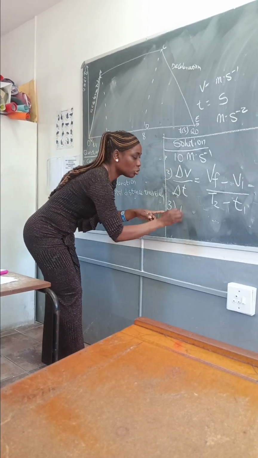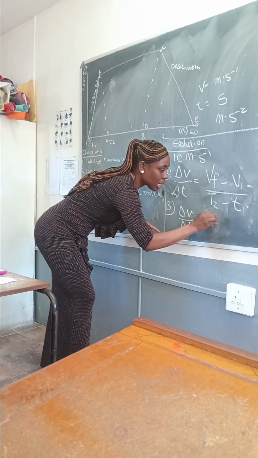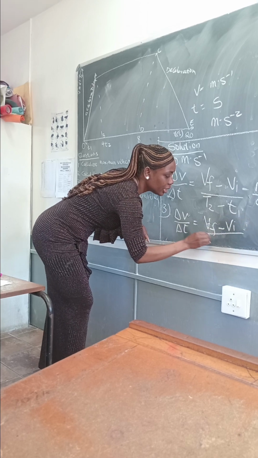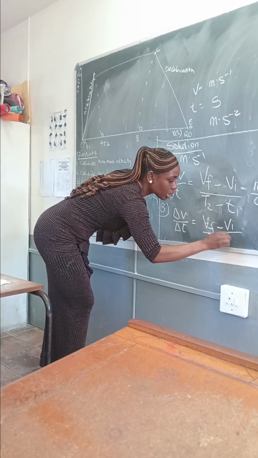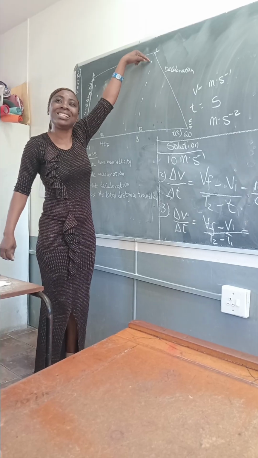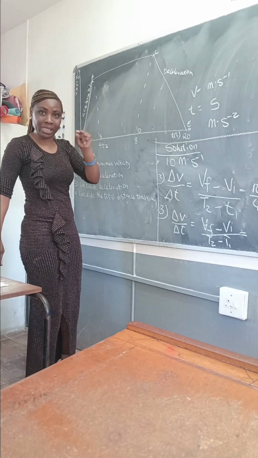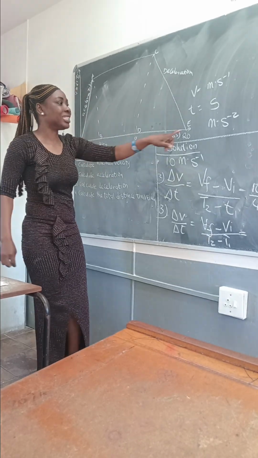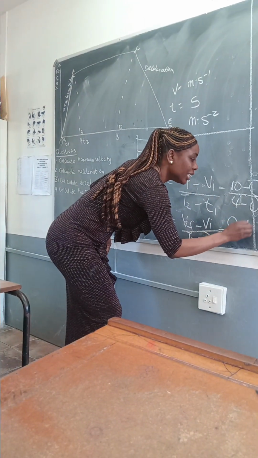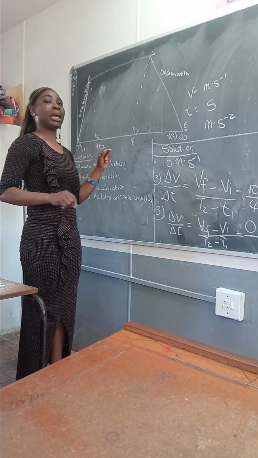So we're also going to use delta V divided by delta T. That means final velocity minus the initial velocity divided by T2 minus T1. When you see here, this object is descending, meaning that our final velocity now is not 10, rather it is 0. So we're going to say 0 minus 10 divided by 20 minus 8.